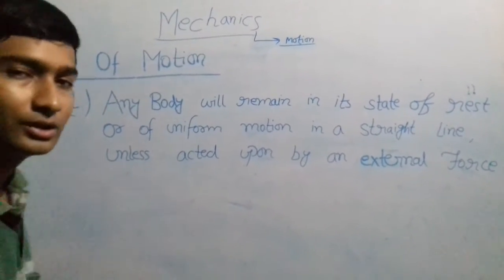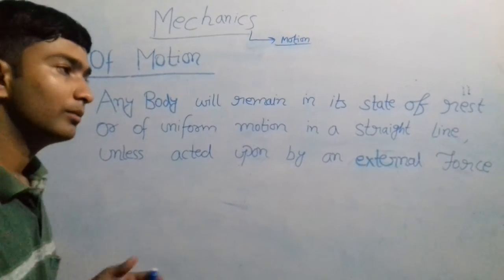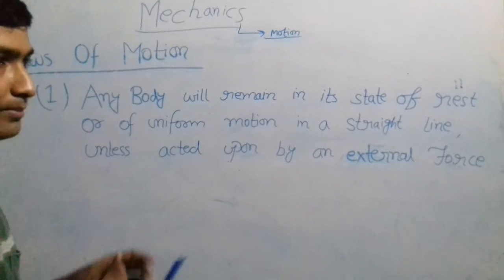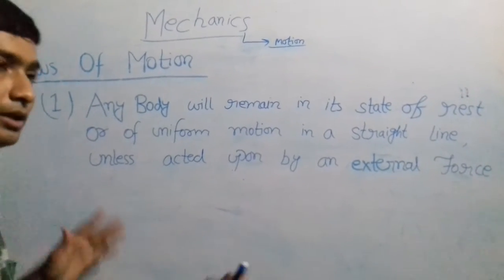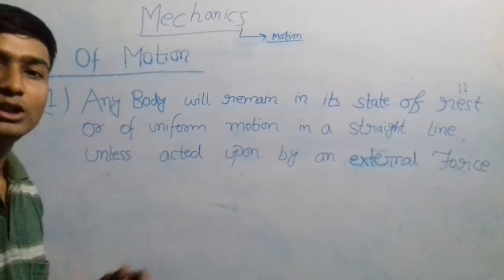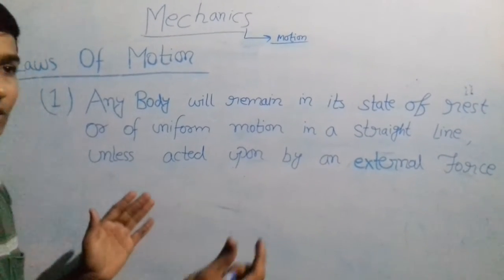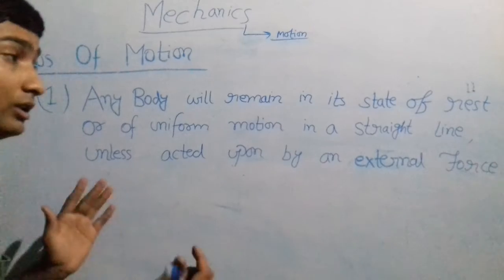And this law is responsible for many things in our daily life situations. Like when we beat a piece of cloth with a stick, dust comes out from it. Why does the dust come out?